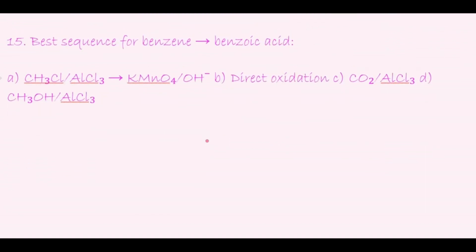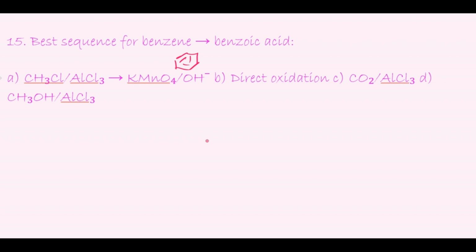Best sequence for benzene to benzoic acid. So what had happened over here? What are the reagents given? CH3Cl with AlCl3, Friedel-Crafts alkylation, and then KMnO4/OH- oxidation. So Friedel-Crafts alkylation means you can expect CH3 will get substituted on the benzene ring, and CH3 should get converted to benzoic acid.